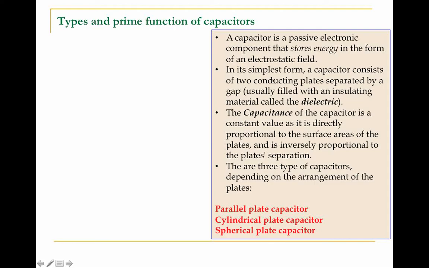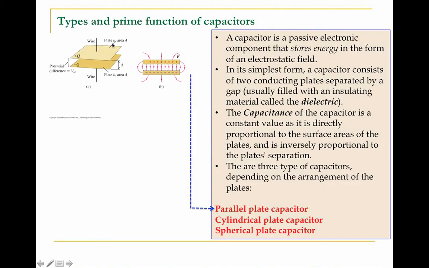A capacitor is simply two plates which are parallel to each other, and the famous one that we're familiar with is the parallel plate capacitor, where we have two plates which have the same charge in magnitude but opposite in sign, and they're separated by some distance d. If you're away from the edges, the electric field is uniform.